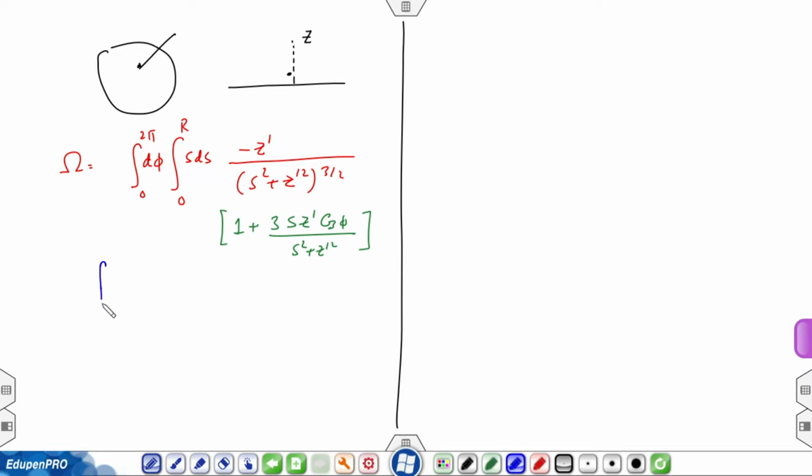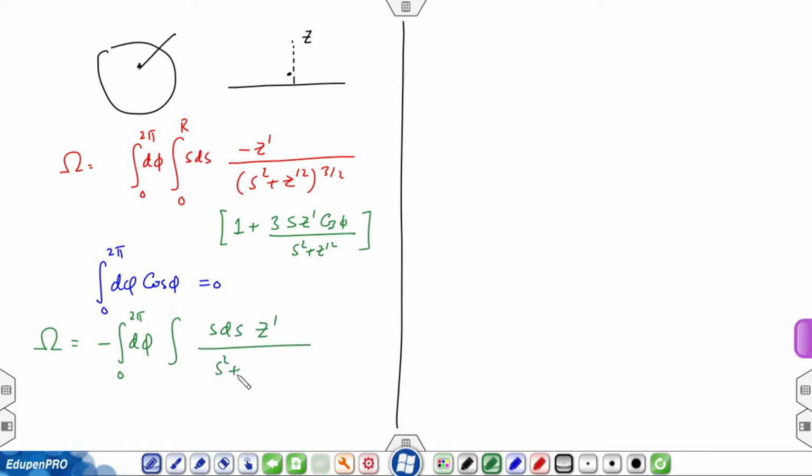Now, I have integration d phi cosine phi 0 to 2 pi equals 0. So, the second term gives me no contribution, and therefore, I have omega equals, there is a minus sign in front, integration d phi 0 to 2 pi, integration s ds z prime over s square plus z prime square raised to 3 by 2, 0 to r.